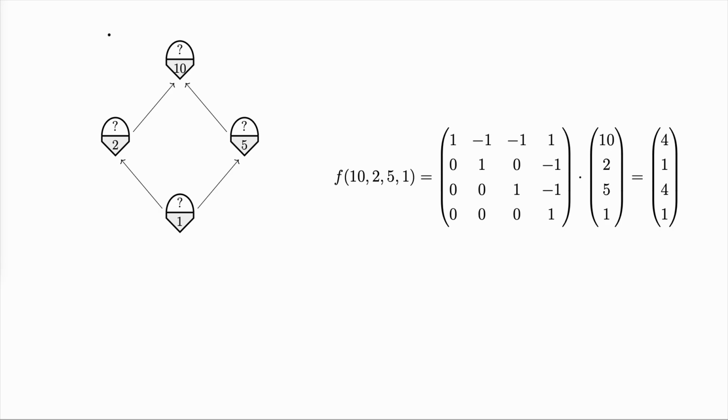So notice in this computation, 10 corresponds to the 4. The 1 with the 2, the 4 with the 5, and the 1 with the 1. The sum of 1 and 4 up to this point is 5, 1 and 1 is 2, 1, 1, 4, 4. Hey, that gives us 10 at the top.